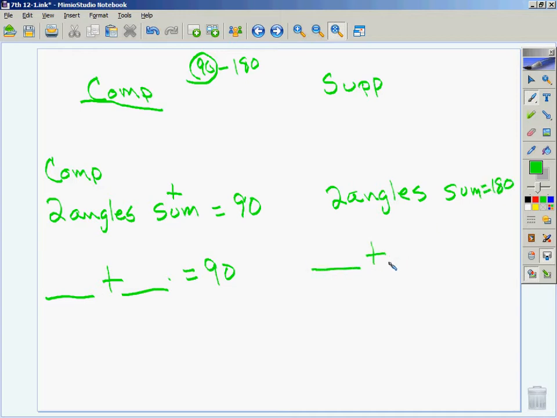So if I see this word, I immediately think blank plus blank equals 180. So just instead of having to write it, just write it down. That's what I would do. Now, it's possible that complementary angles would be adjacent.